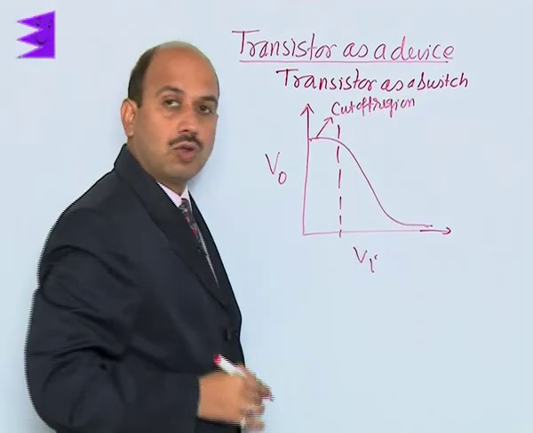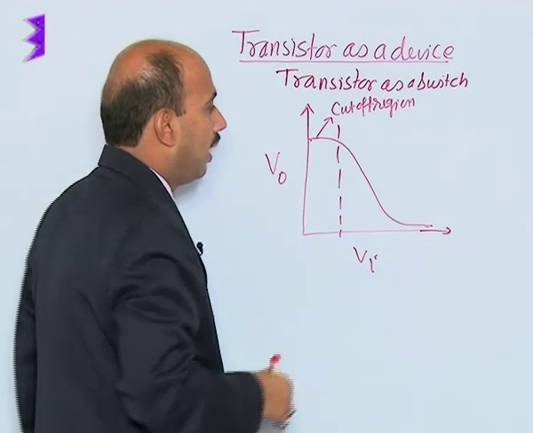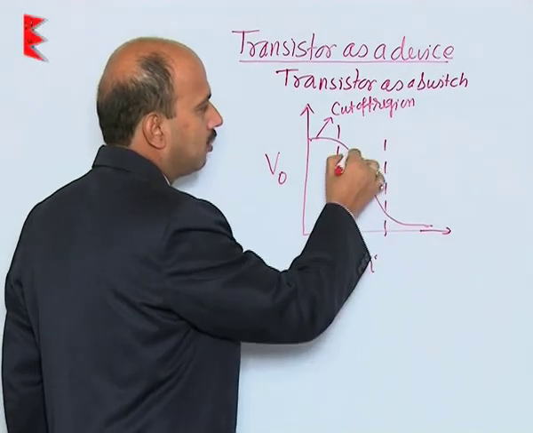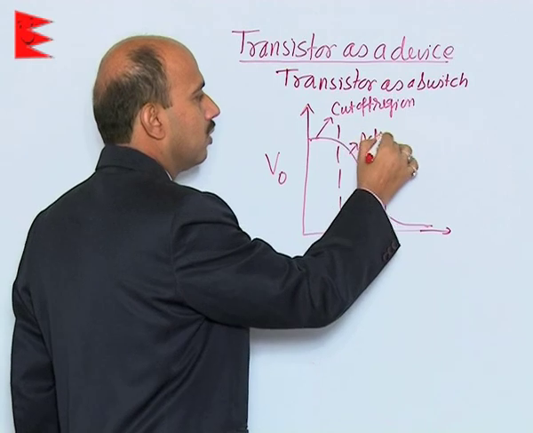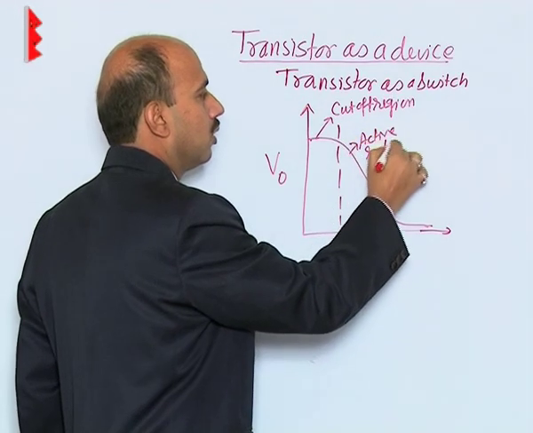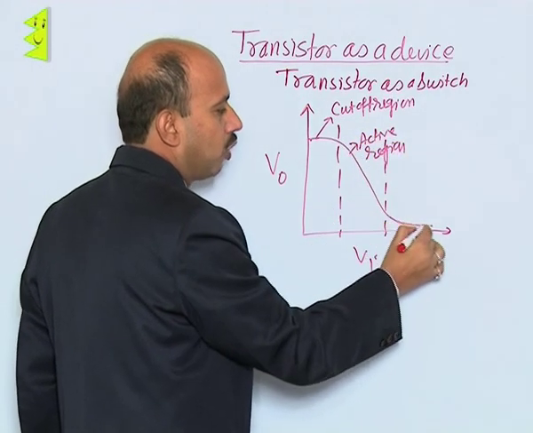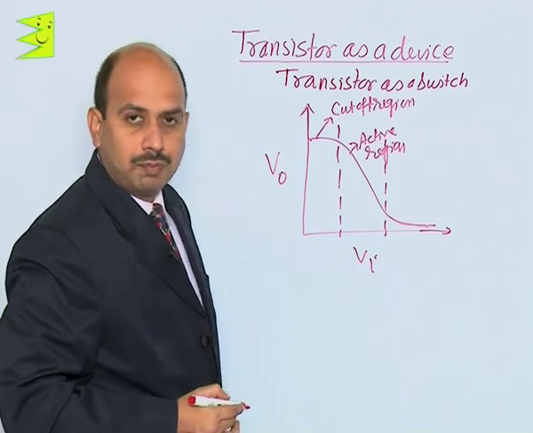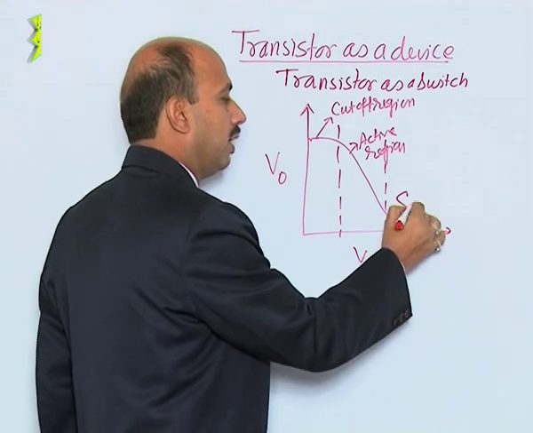The transistor does not conduct in this case. And now this one is linear, that is called the active region of the transistor. And here where the output is almost constant, whatever the value of the input, this one is called the saturation region.